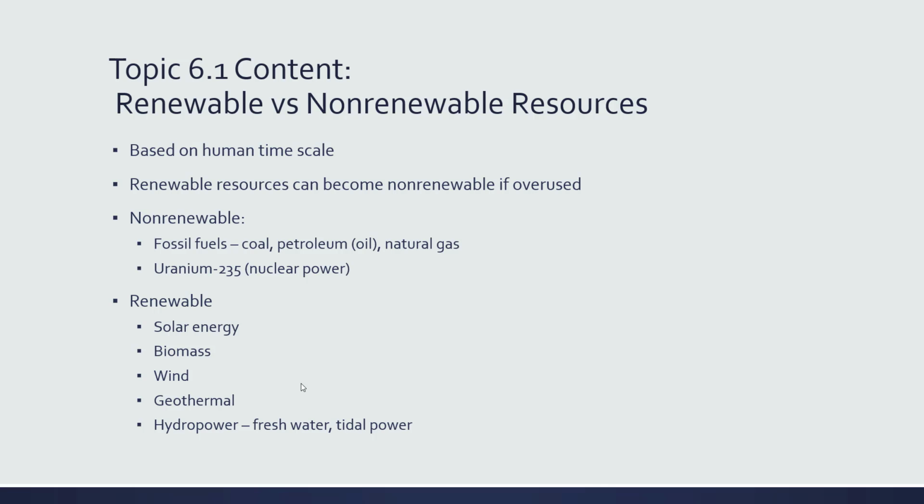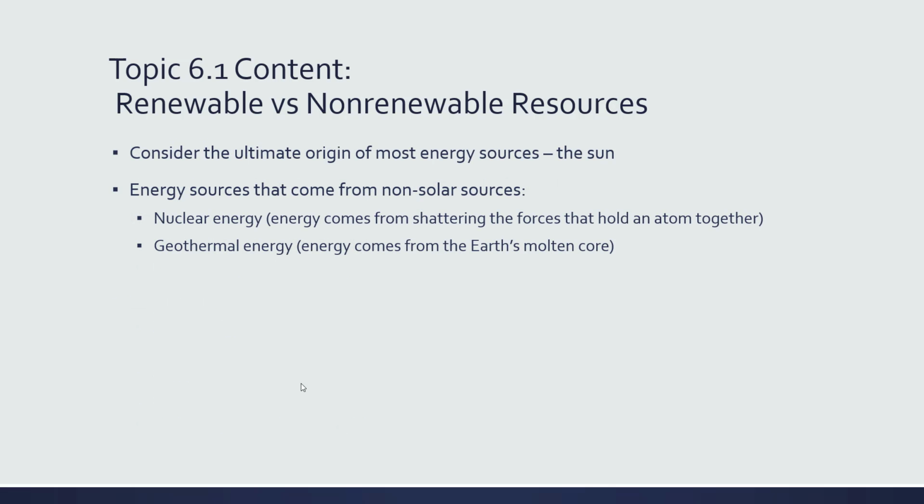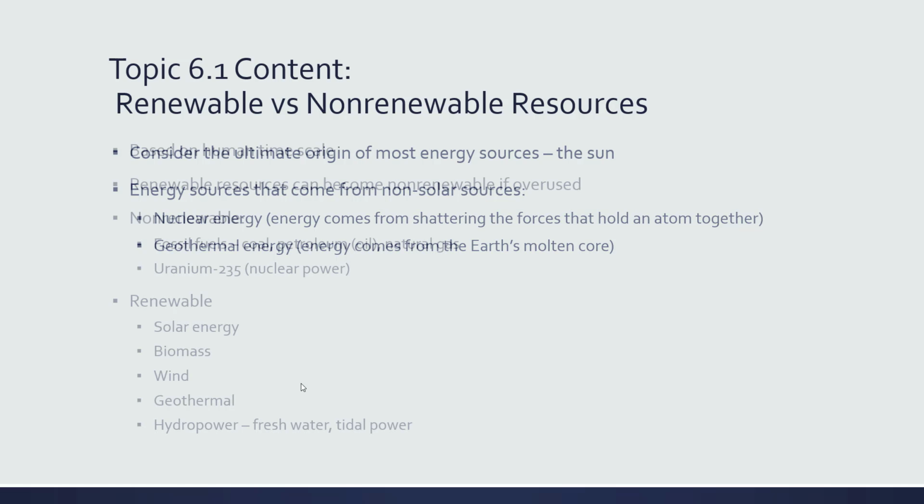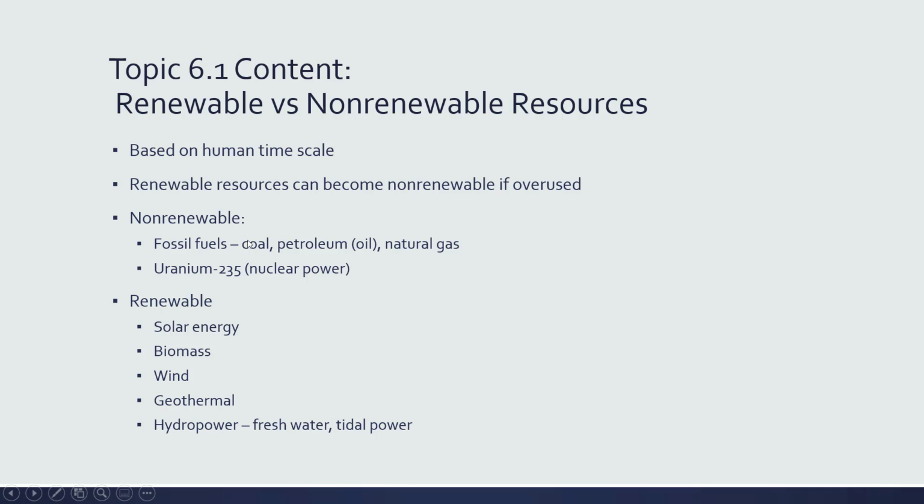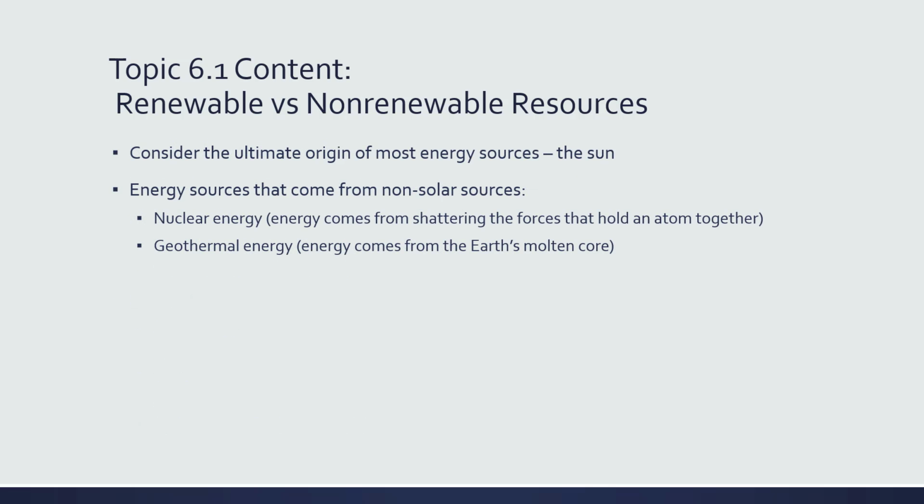As you know, coal, petroleum, and natural gas are all formed from plant and animal matter that has undergone time, pressure and heat, and that takes millions of years. When you're talking about most of these resources, even the non-renewable fossil fuels, the energy comes from the sun because it comes from plant life.